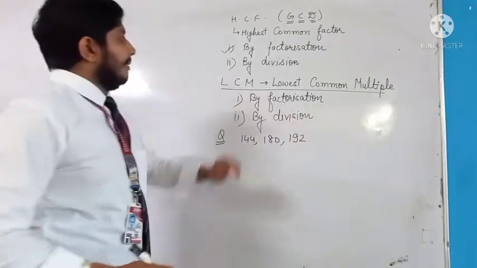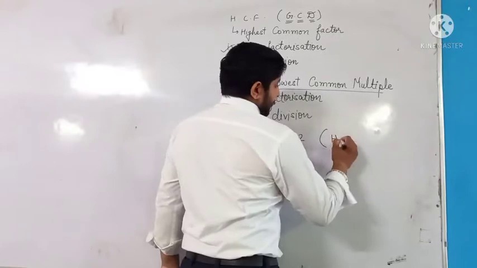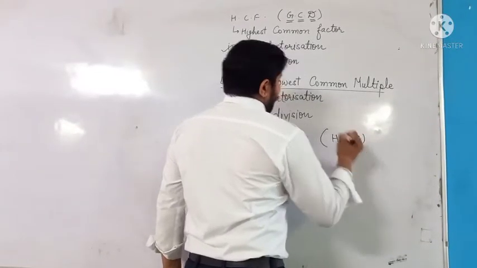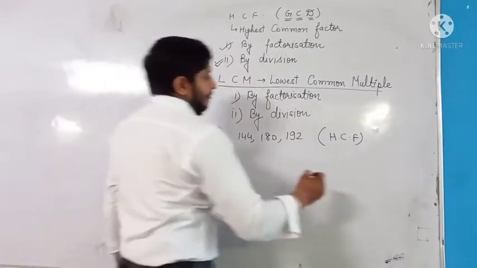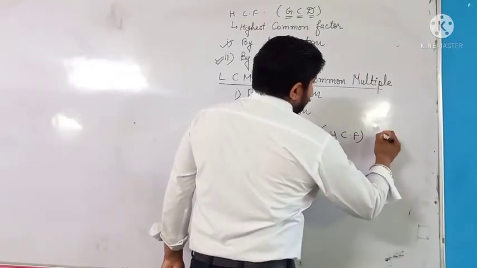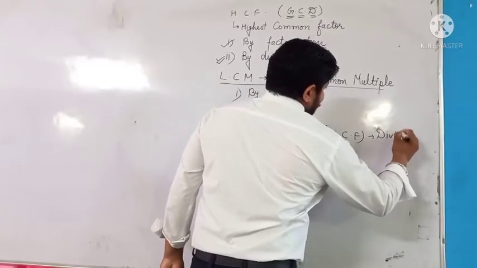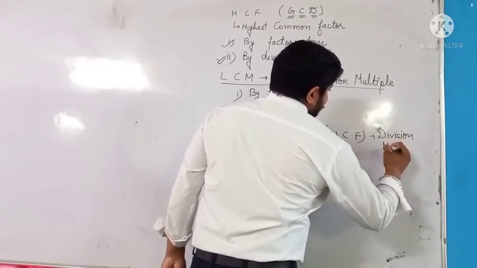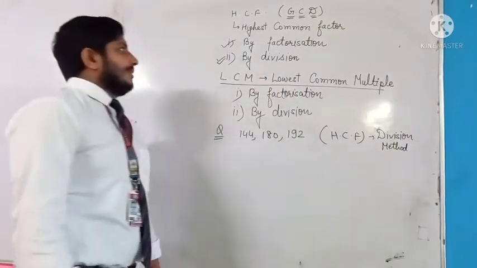Find the HCF again, by which method? By division method. By which method, beta? Second method, or division method. This time we discuss by division method. In the previous question we discussed factorization method.